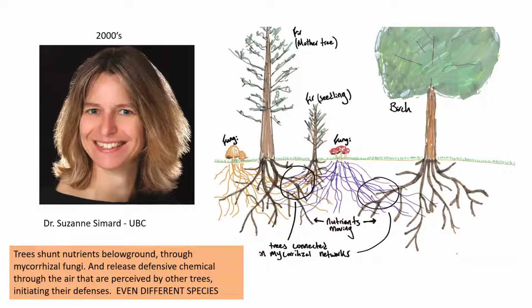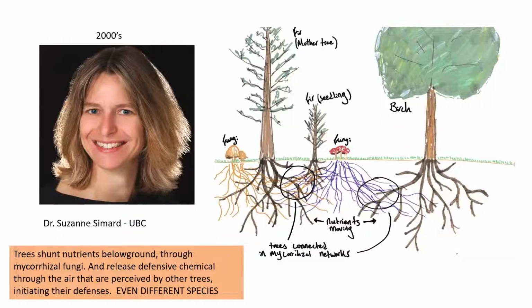They are also perceiving defensive chemicals. So when a tree has an infestation of some herbivorous insect and the insects are eating on the leaves, they release chemicals that they're using to defend themselves against those insects. But some of those chemicals are airborne and they float into the stomata, into the leaves of other trees in the neighboring area.